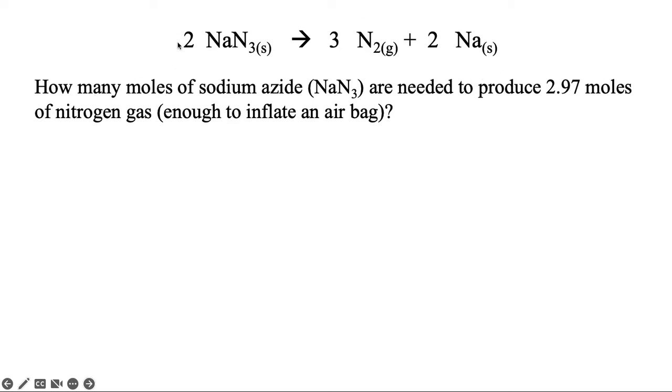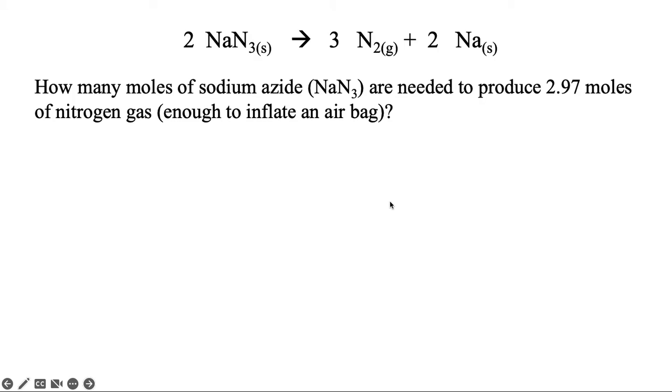I have a chemical reaction here, and the question says, how many moles of sodium azide, this compound here, are needed to produce 2.97 moles of nitrogen gas, which is enough to inflate an airbag.